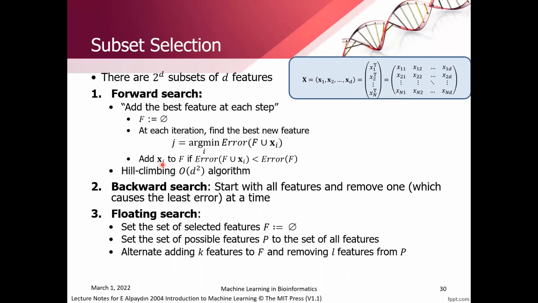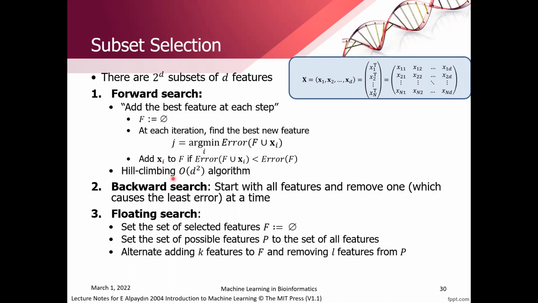So we must add the x sub j to F and repeat the iteration. Of course, we should stop at some point. If we don't stop, we add all the attributes and have no dimensional reduction.